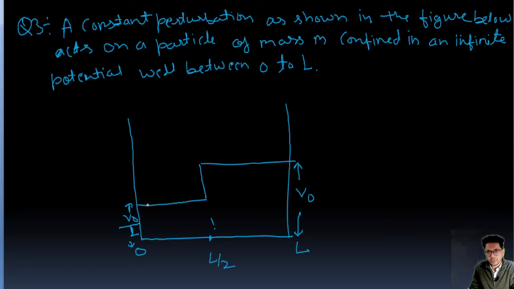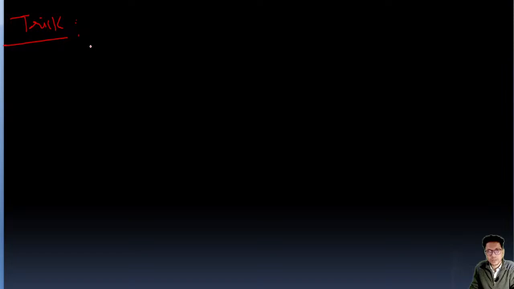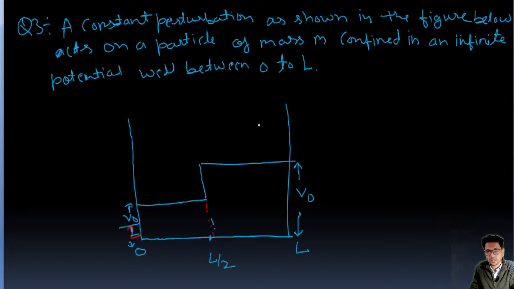Okay, trick. So the volume of this part: this length is L by 2, and this is V naught by 2, right? So the volume is going to be V naught by 2 into L by 2, plus this volume, total volume.